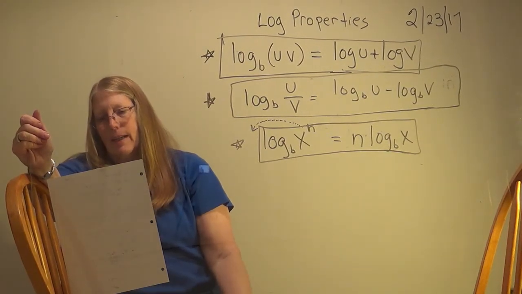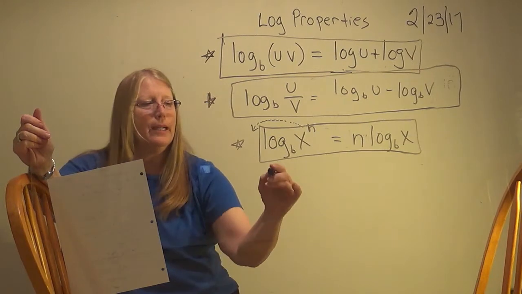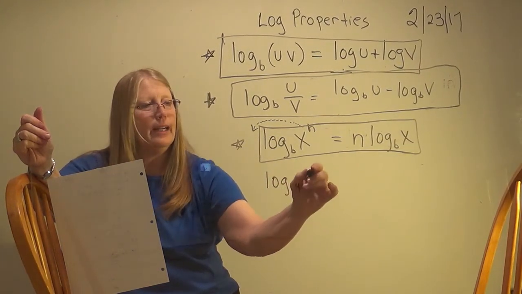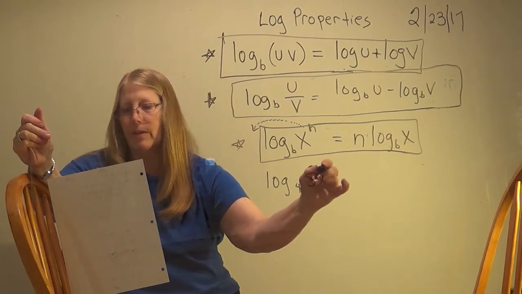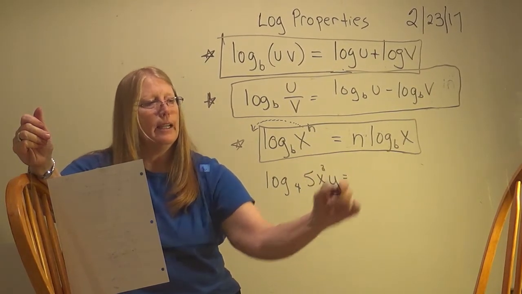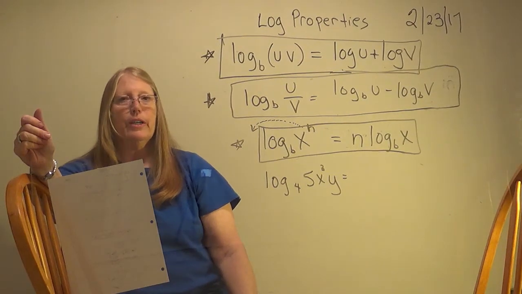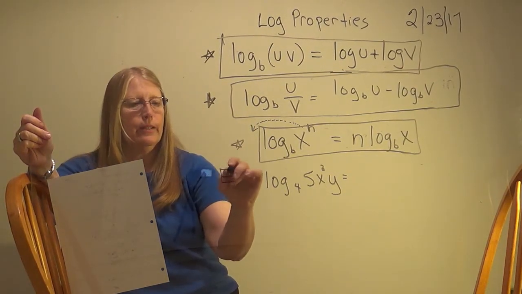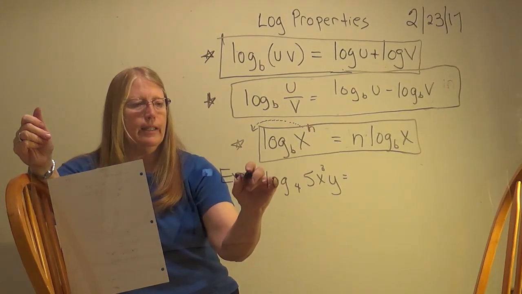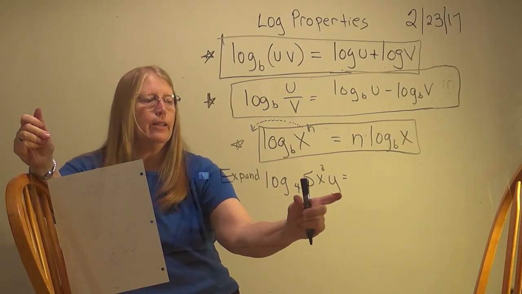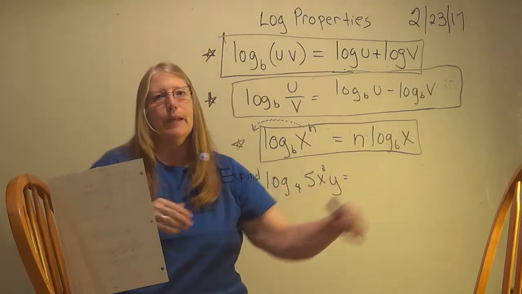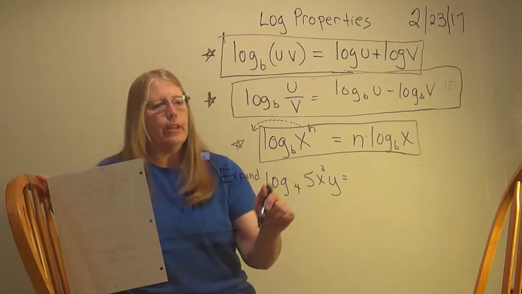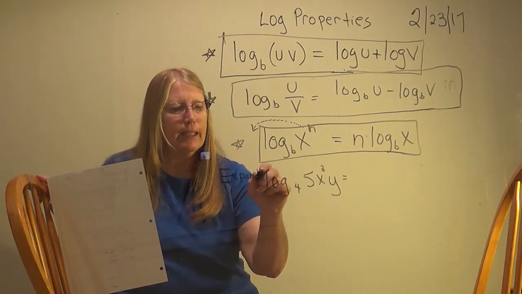So I am going to give you an expression, log to the base 4 of 5 times x cubed y. And the command is to use the laws of exponents to expand. So if something is together, we want to expand it. We're expecting to draw it out, make it longer. So I'm going to use log rules to expand this.